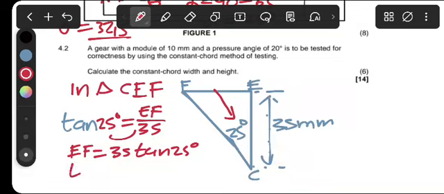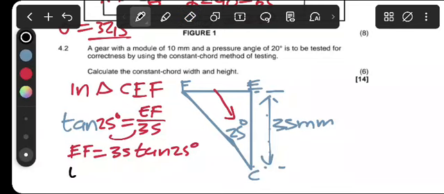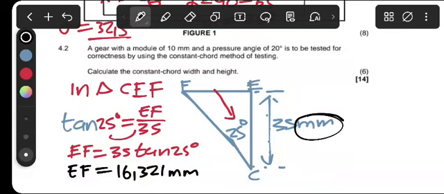Then punch this in, and EF will simply equal 16.321. Obviously it's in millimeters, since this was in millimeters.